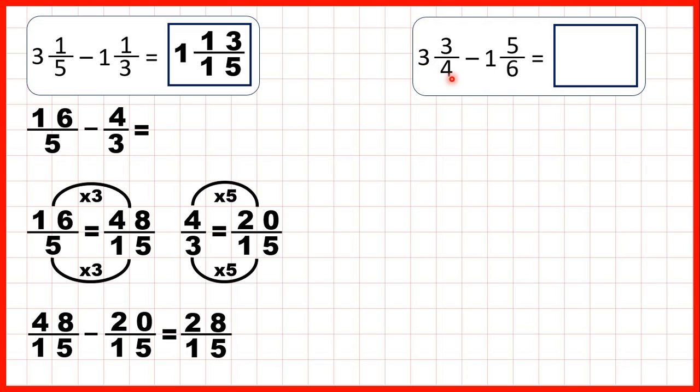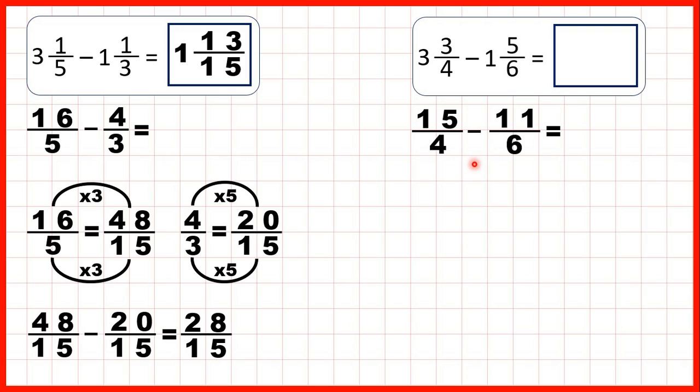3 times 4 is 12, plus 3 is 15, so that's 15/4, because the denominator stays the same. And now 1 times 6 is 6, plus 5 is 11, so that's 11/6. Now to subtract fractions, we need the denominators to be the same, and it's usually easiest if we use the lowest common multiple of both denominators.